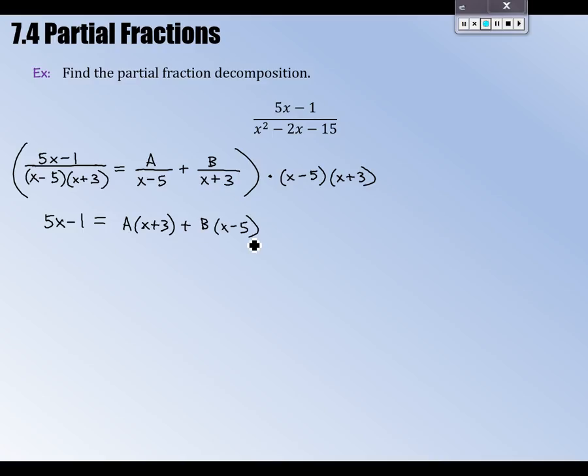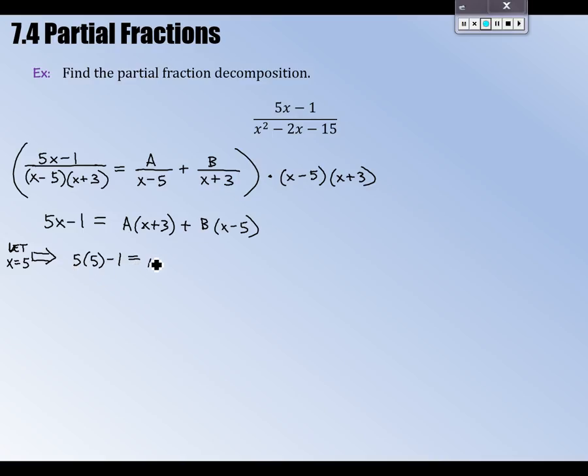I'd like to plug in an x value right now, just for fun mainly. Okay, you ready? Anything you like. How about 5? Yeah, I like that. Why would we plug in such? Because it's a 0. If we plug in x equals 5, then over here we get 5 times 5 minus 1.